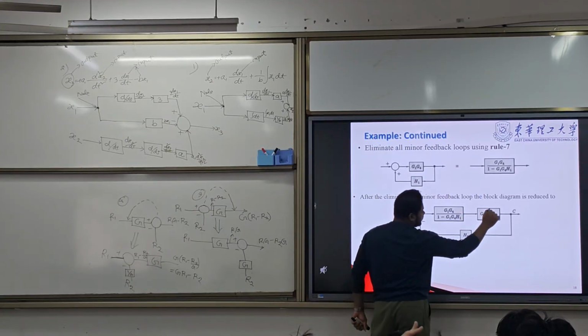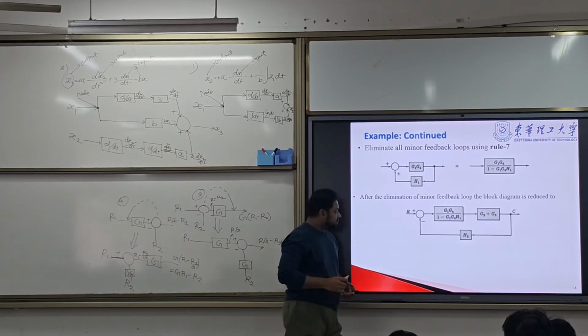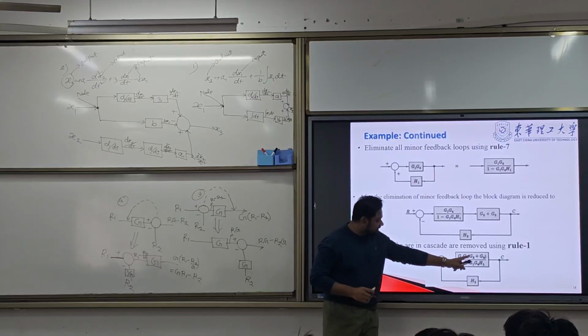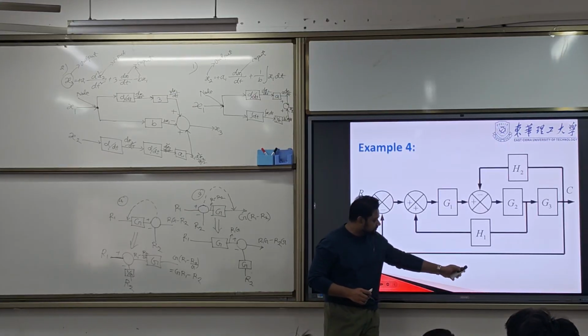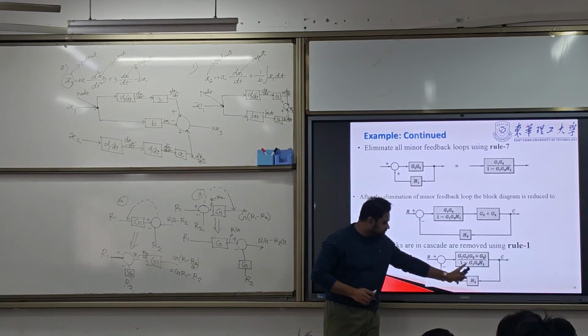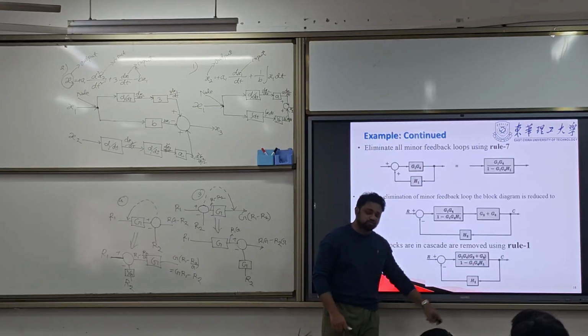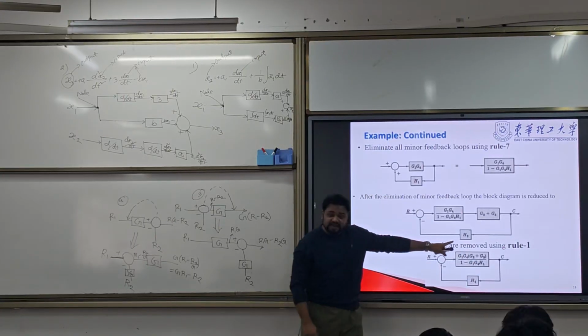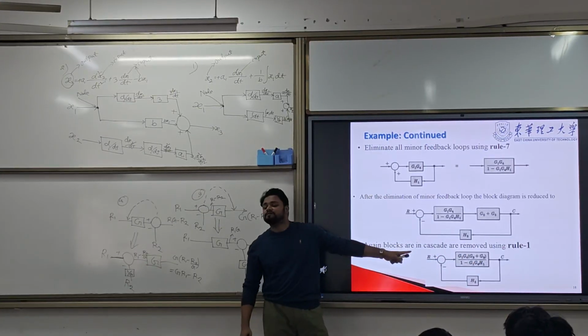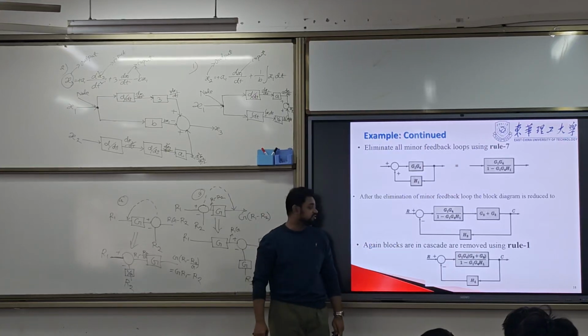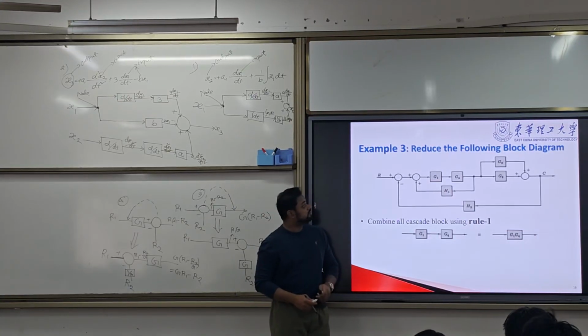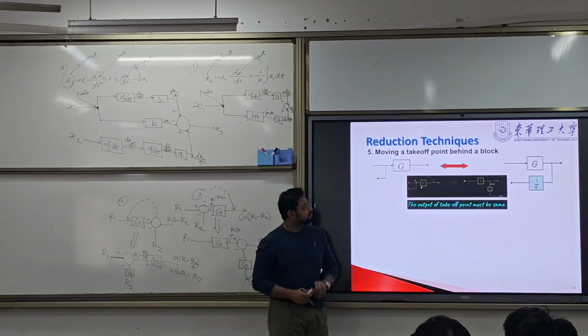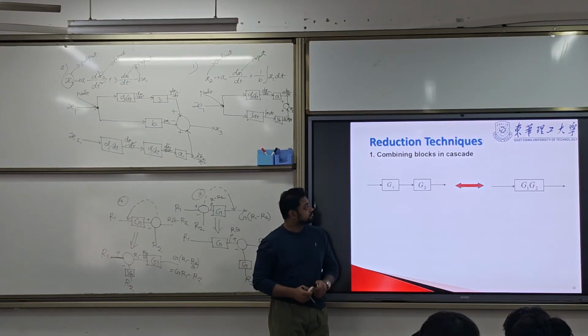So these two will multiply and give you G1 G4 (G2 plus G3) over 1 minus G1 G4 H1. So this is the standard form of a feedback closed loop system. Look, standard form, what we have seen before.